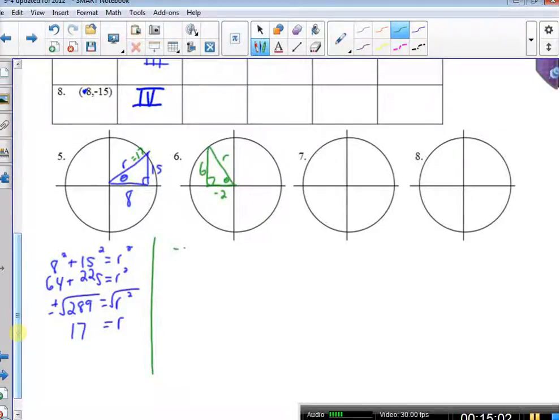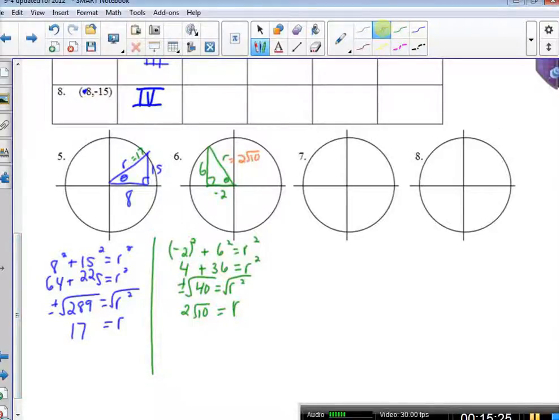So I'm going to go negative 2 squared plus 6 squared equals r squared, so 4 plus 36, so 40. So square root, plus or minus, radii of a circle are always positive. So this is 2 radical 10.